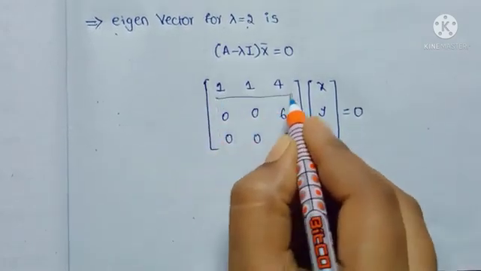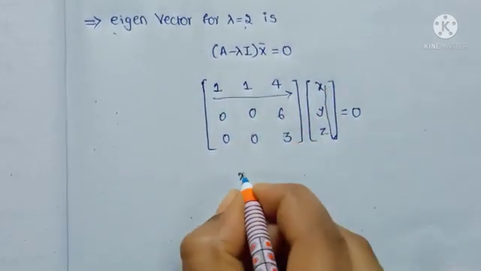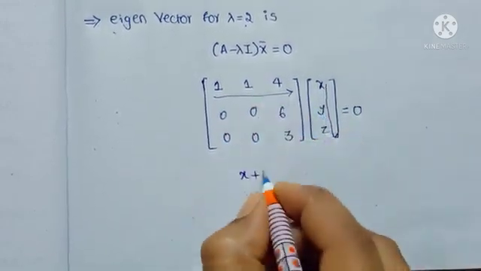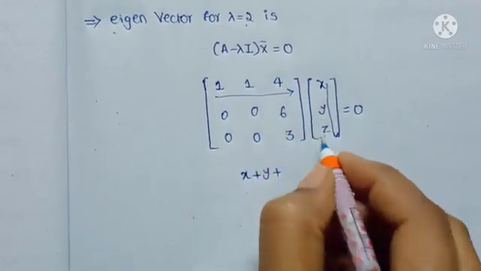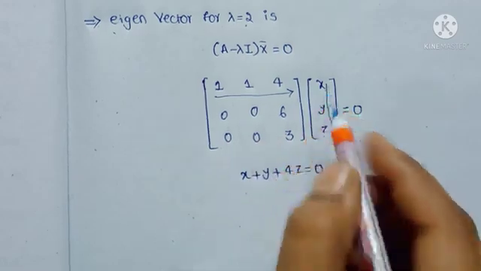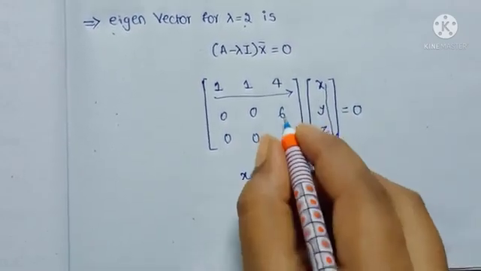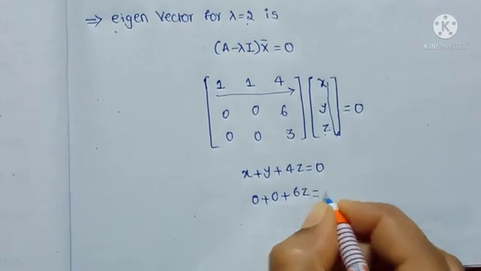If you multiply this row with this column, we get 1 into x, x, plus 1 into y, y, plus 4 into z, 4z, which is equal to 0, and 0 into x, 0, plus 0 into y, 0, plus 6 into z, 6z, which is equal to 0.